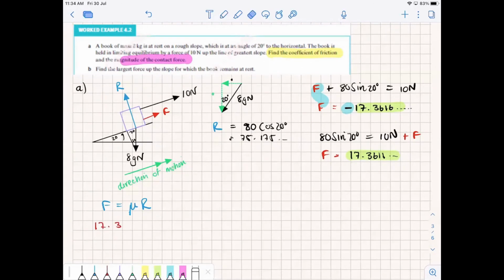We can actually just make that 17.4 if we're rounding correctly, newtons. Right, the coefficient of friction is the thing we're trying to work out. And the normal contact force is the one that we worked out as 75.2.